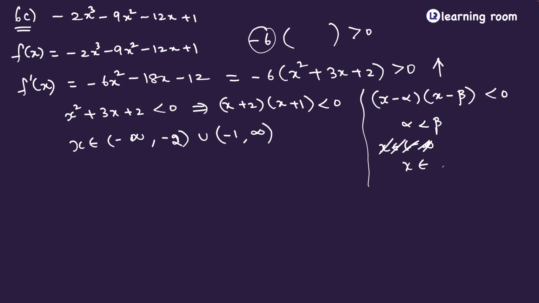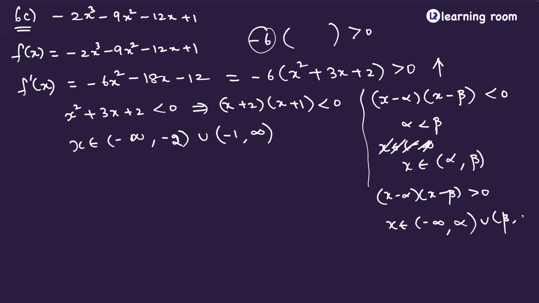So x belongs to alpha to beta. Similarly, if x minus alpha into x minus beta is greater than 0, then x belongs to minus infinity to alpha union beta to infinity. Actually, I wrote it for the reverse condition. This should be the condition for greater than 0.